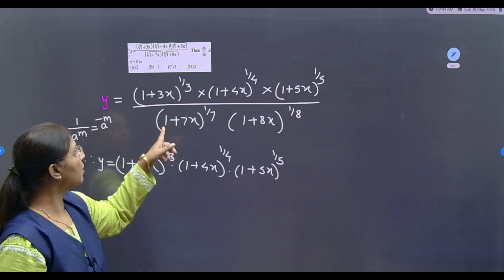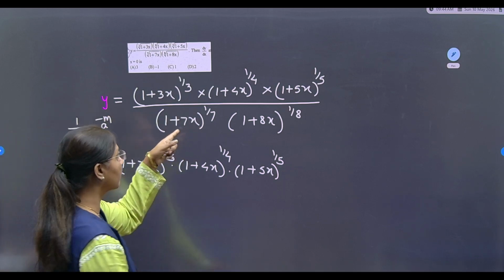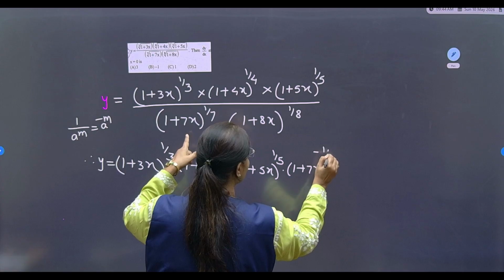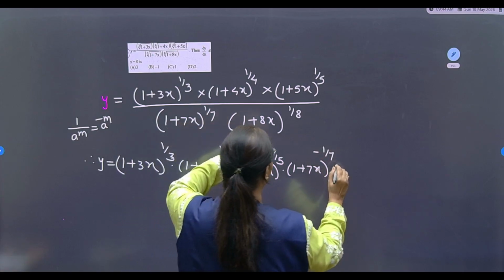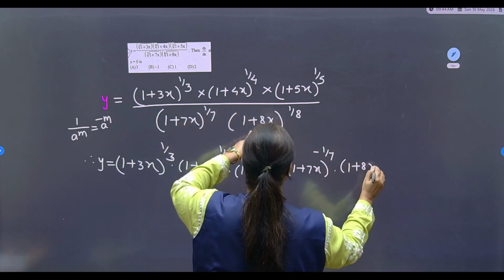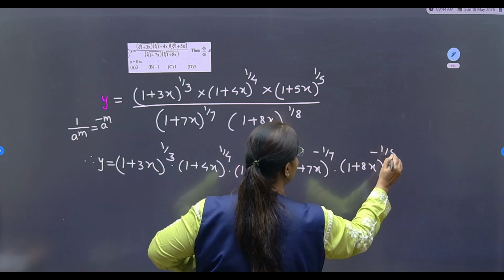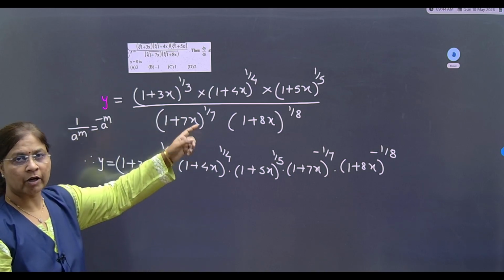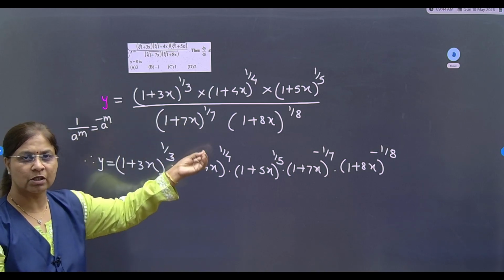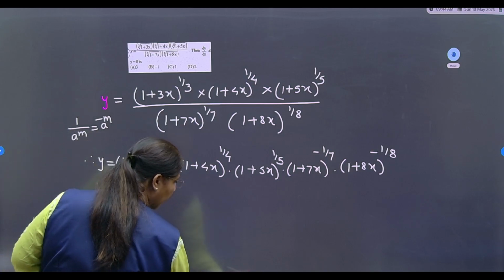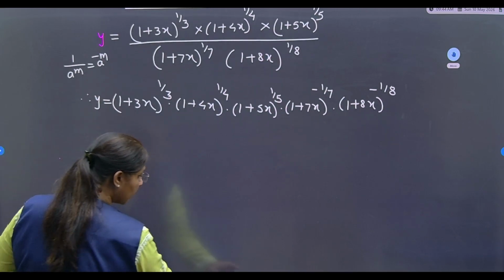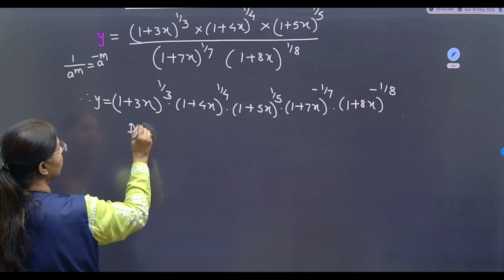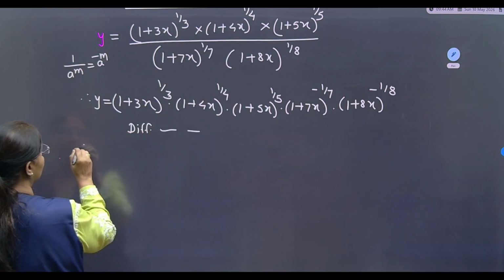Therefore 1 upon 1 plus 7x raised to 1 by 7 is 1 plus 7x raised to minus 1 by 7. Similarly, 1 plus 8x raised to minus 1 by 8. Okay, we can use the quotient of functions, or another method: taking log on both sides, then using log rules, and then differentiation. The next step is differentiating both sides with respect to x.